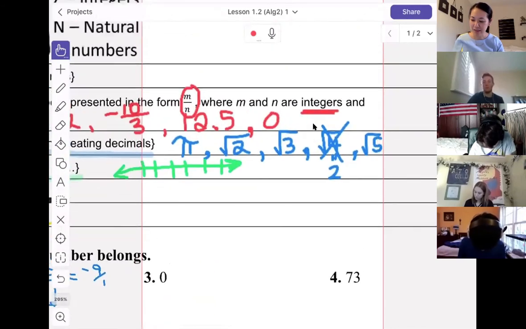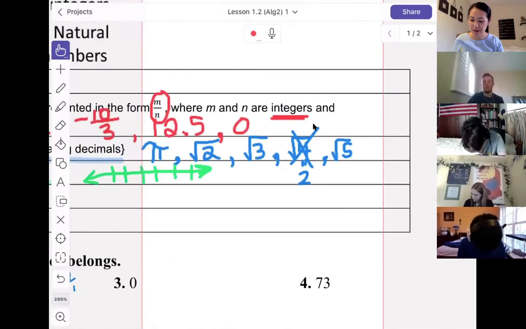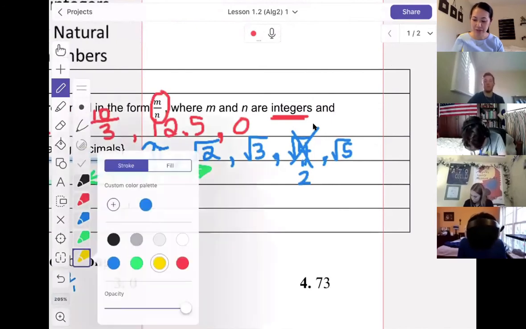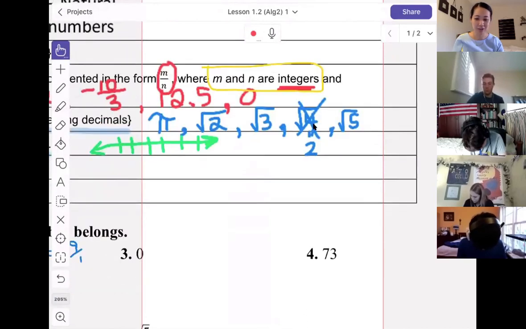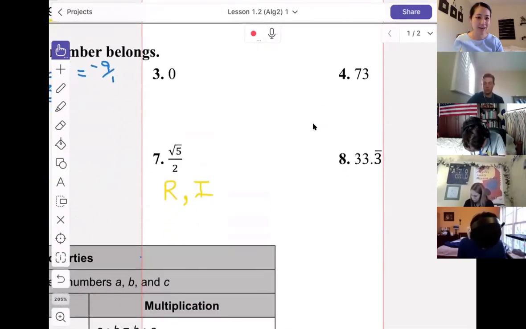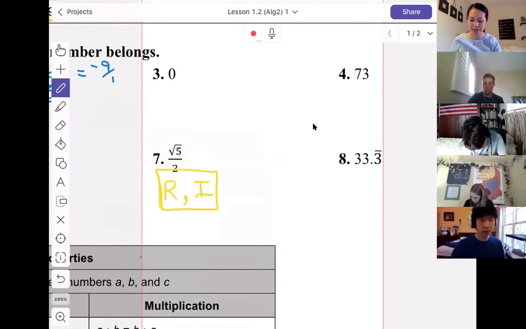Up here it says it's in fraction form where m and n are integers. So if you look at number 7, that numerator is not an integer. Rad 5 is not an integer. So that is an irrational number, okay? Once it's irrational, that is it. You are done. It's not going to be any of the other ones.